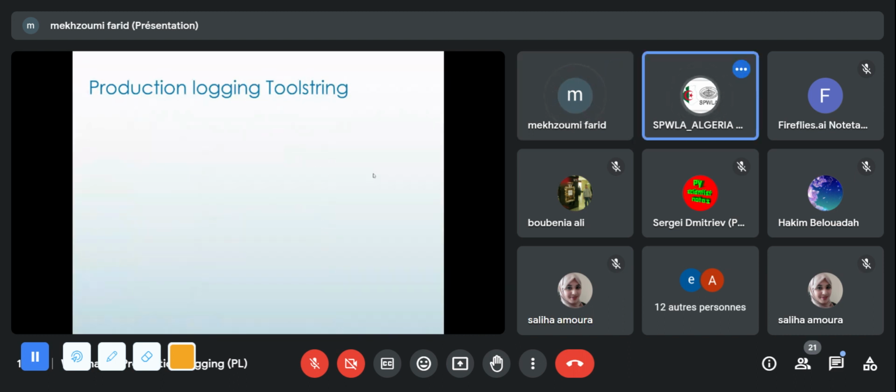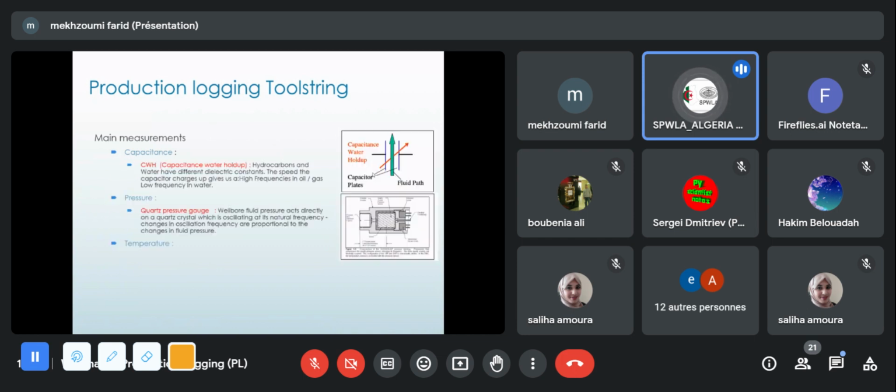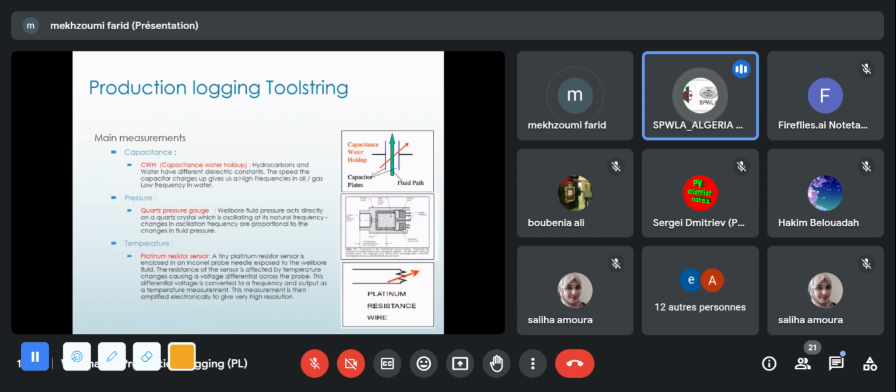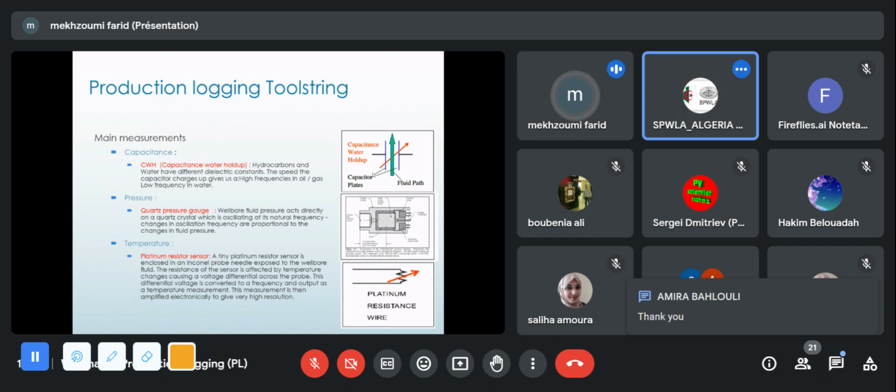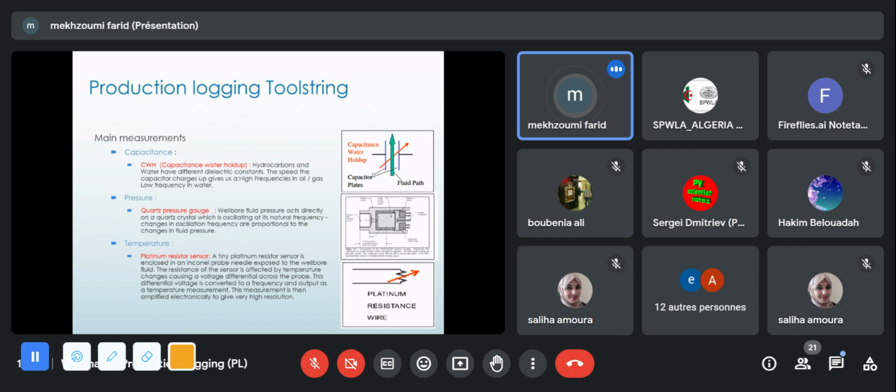The other question is from Saliha. She's saying the velocity determined by the spinner seems to be an average. How can we determine the velocity of each phase, each individual fluid? Okay, so she is talking about standard production logging in a vertical well.